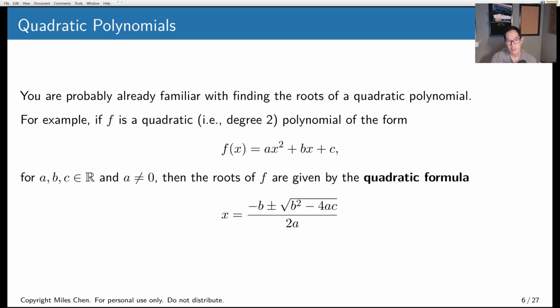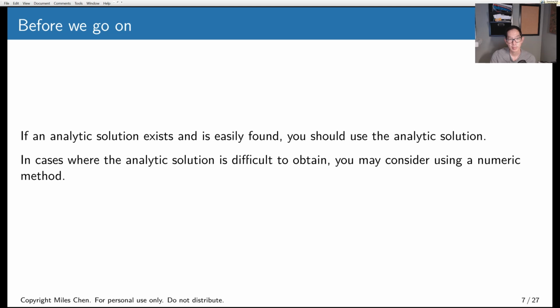The roots are at x equals negative b plus or minus the square root of b squared minus 4ac, all over 2a, and that will give you the roots of a quadratic polynomial, okay? And so in that case, we have an analytic solution, and that's easy, and you should definitely use the analytic solution if you're able to. So in general, if you have the analytic solution, just use that.